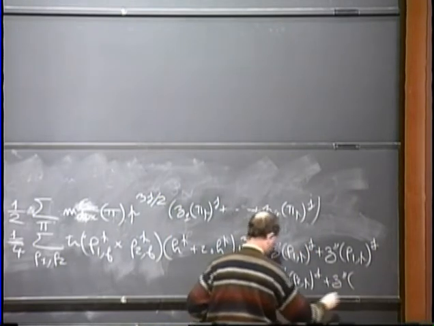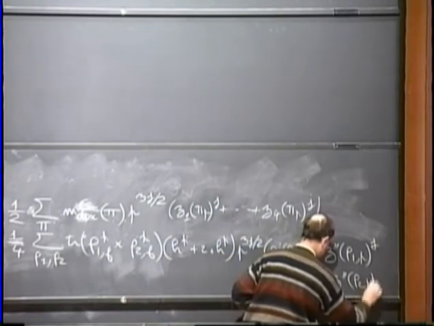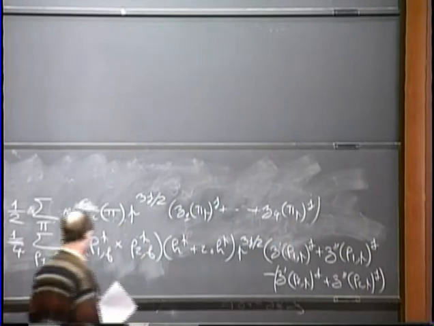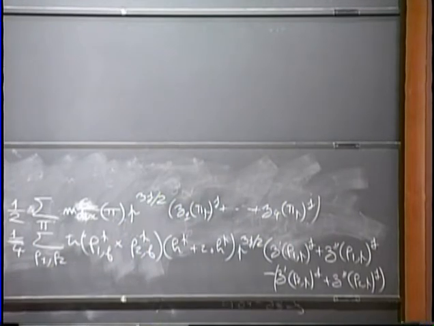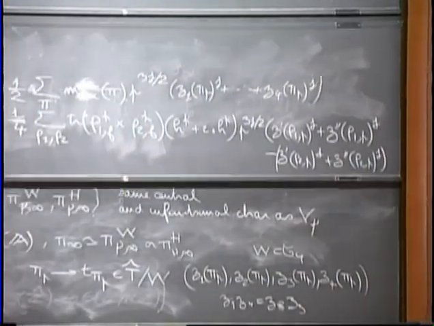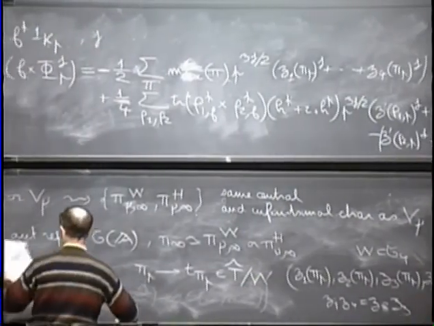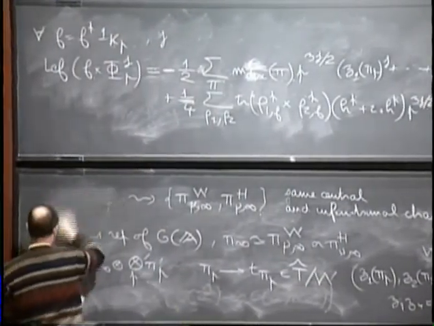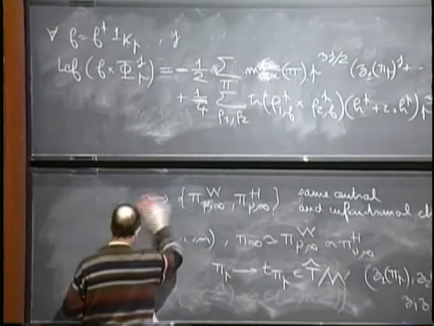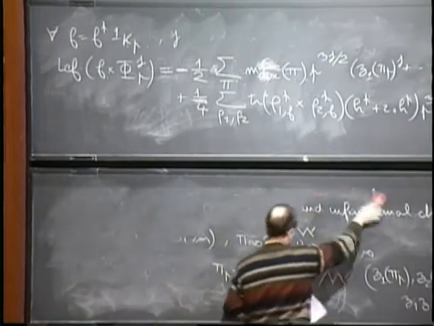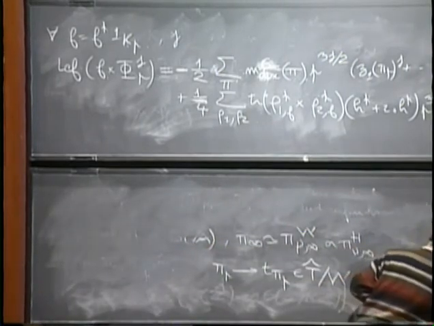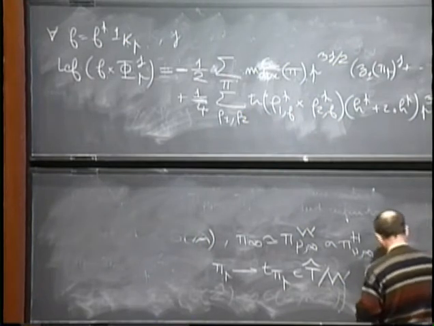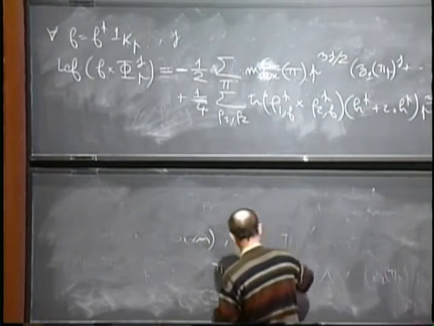Maybe I will put a parenthesis. And here the pi, they run over this set. The automorphic representations of the group with the given type at infinity.